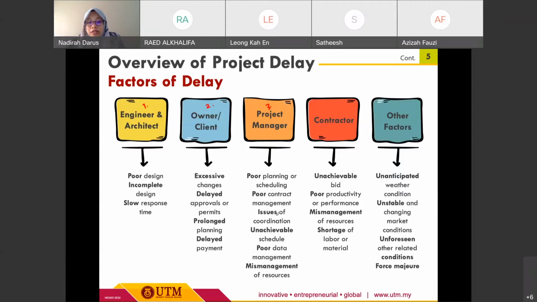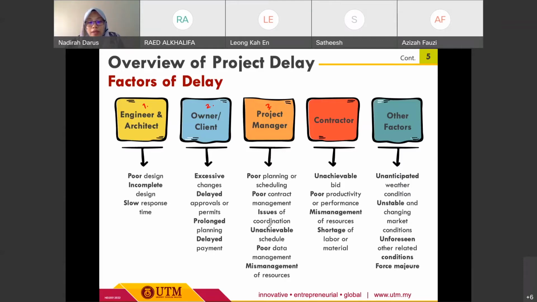So lack of coordination, poor coordination in terms of the planning, in terms of managing the staff, managing the resources, will also lead to issues, okay, unachievable schedule.